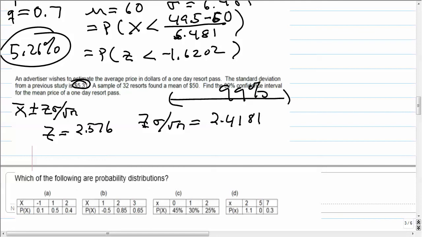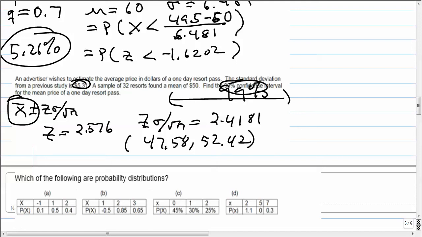If you add and subtract this from the mean, you're going to get the interval 47.58 to 52.42. But the important thing here is you're looking for a confidence interval. Now, it's a sample of size 32, so it's either going to be the t-table or the z-table. Since we do know the population standard deviation, we're going with z here. Okay? Anyway, I'm going to stop the video here. There'll be another video available for the second half.